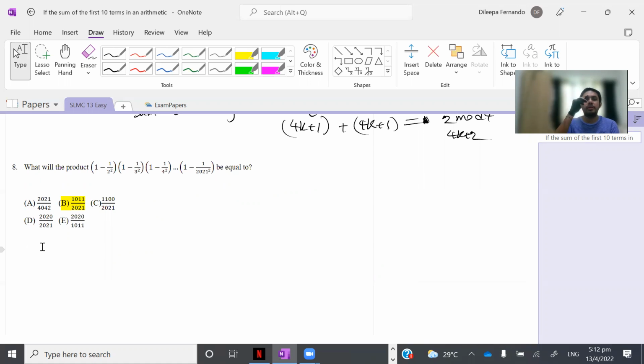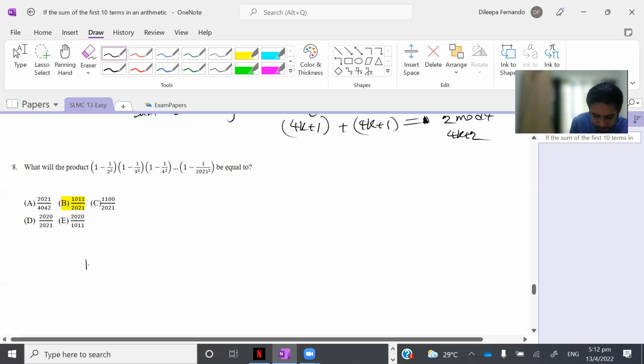Telescopic means that you cancel out the nearby terms, so it just repeatedly happens. So in this case, let's say now we have 1 minus 1 over n squared, and we have 1 minus 1 over n plus 1 squared, and so on.